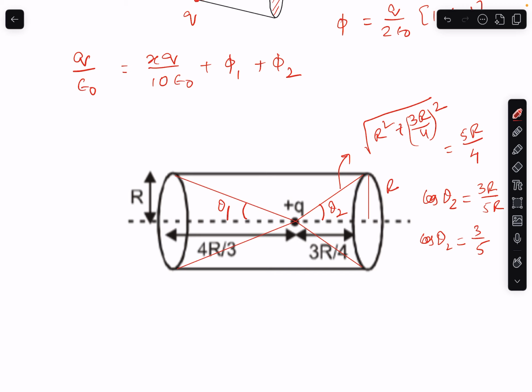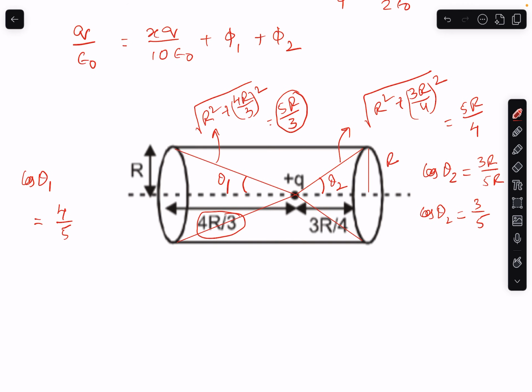We are interested in finding cos θ₁. The hypotenuse will again be √(r² + (4r/3)²), and this value comes out to be 5r/3. So cos θ₁ is the base 4r/3 divided by 5r/3. The 1/3 cancels, so we get 4r/5r, that is 4/5.